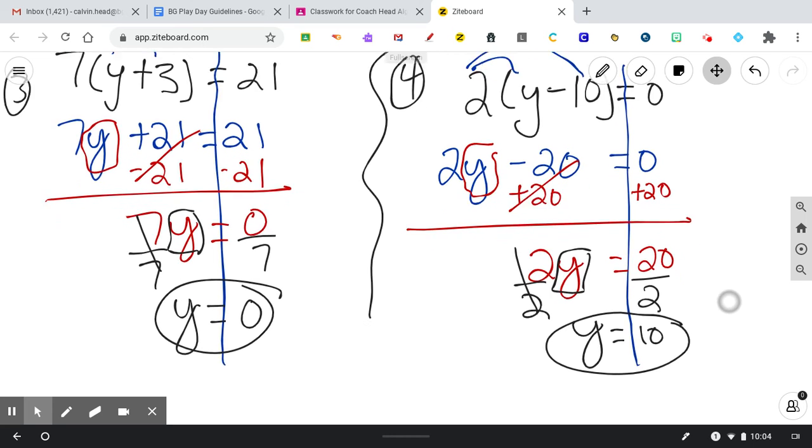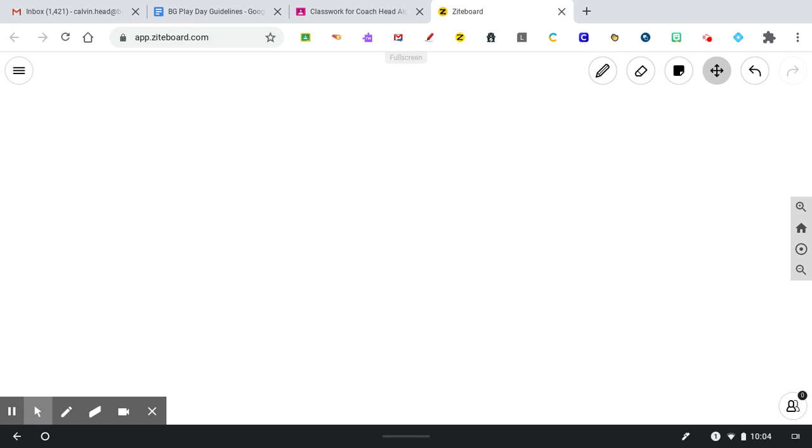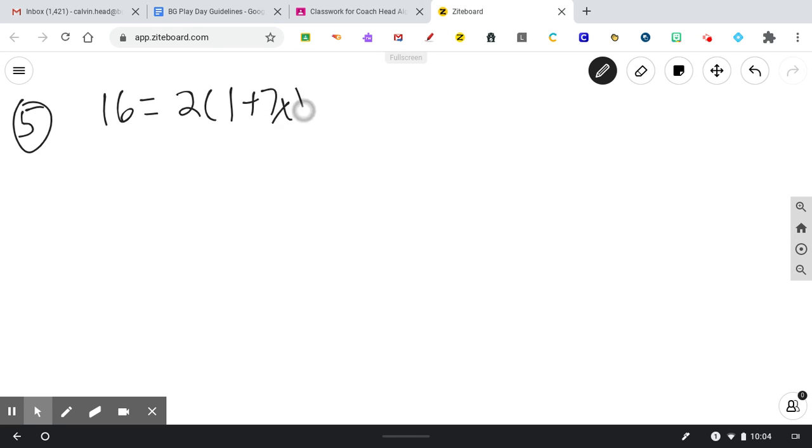All right, just a couple more examples. Example 5. Again, draw that line.